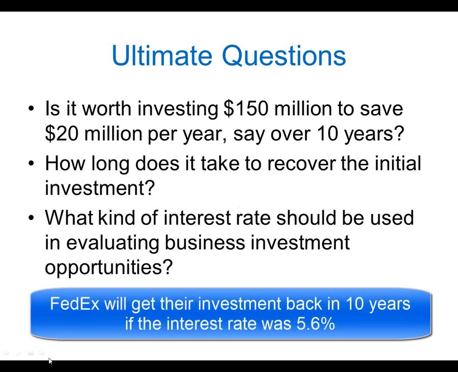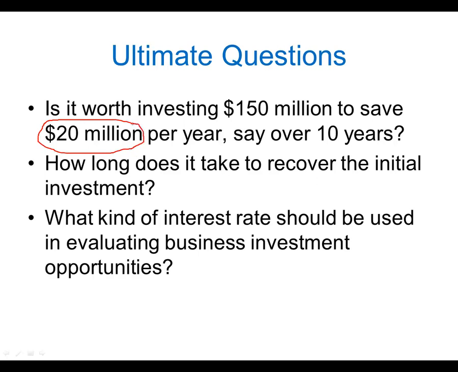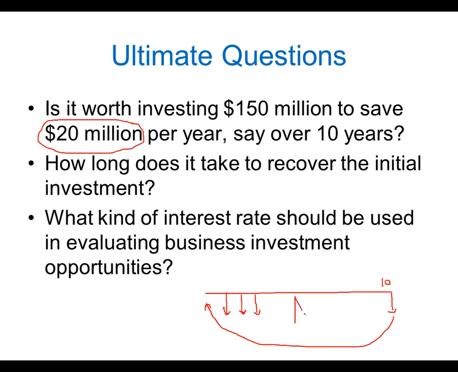So bringing the 20 million over 10 years, as we used to do with the graph, this is an annuity of 20 million.